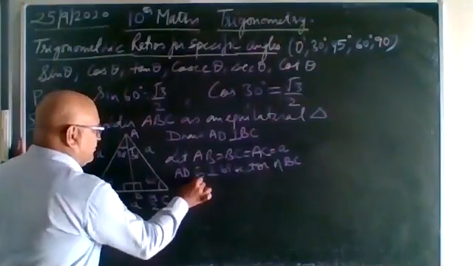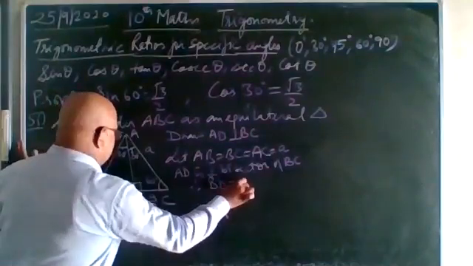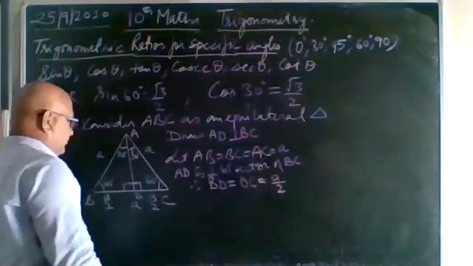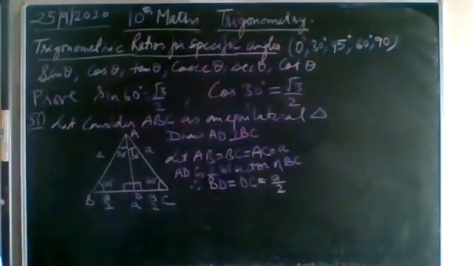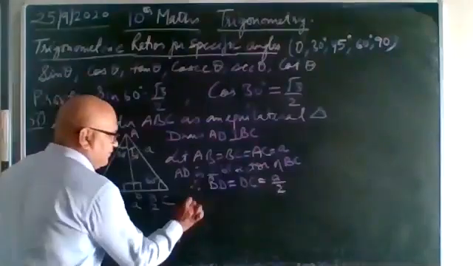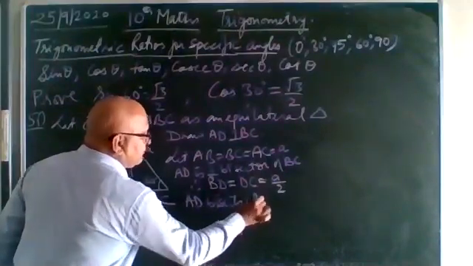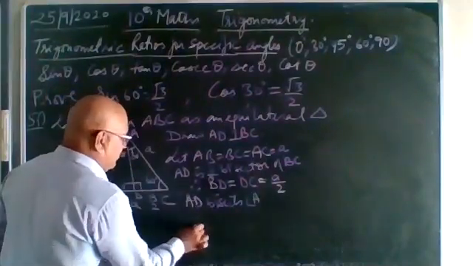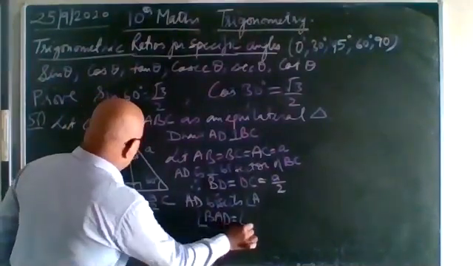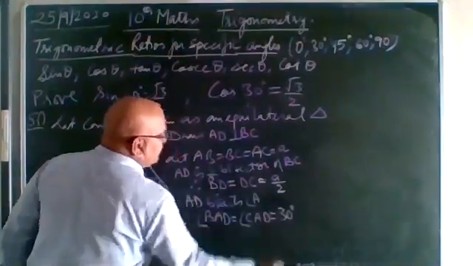Therefore BD equal to BC by 2, equal to A upon 2. Now AD bisects angle A. Therefore angle BAD equal to angle CAD equal to 30 degree.